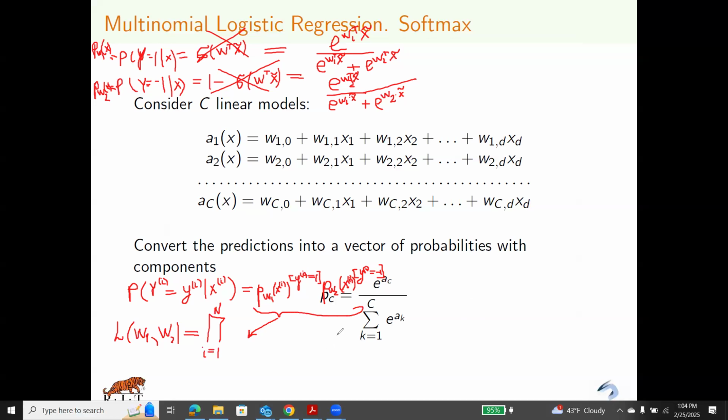As you remember, we maximize this with respect to these parameters W1 and W2.